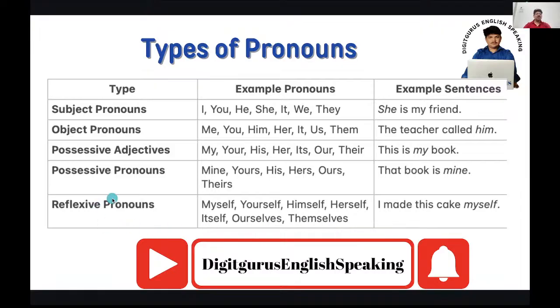So these are all reflexive pronouns. We have to use these reflexive pronouns in our day-to-day conversation to make the conversation easy, super and simple. So remember this one. Without learning pronouns, it will be very difficult for us to have great conversation.